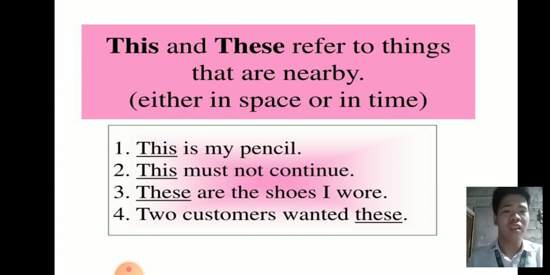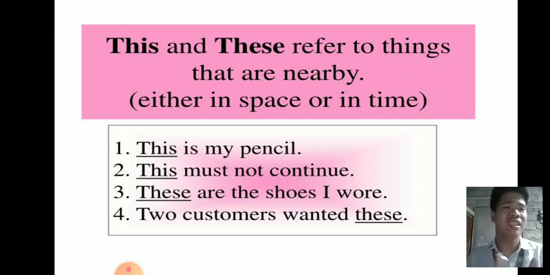In the third and fourth examples, they used these because they are referring to a subject which is plural. If you look at example number 3, these are the shoes, they use the be verb are, which refers to plural.